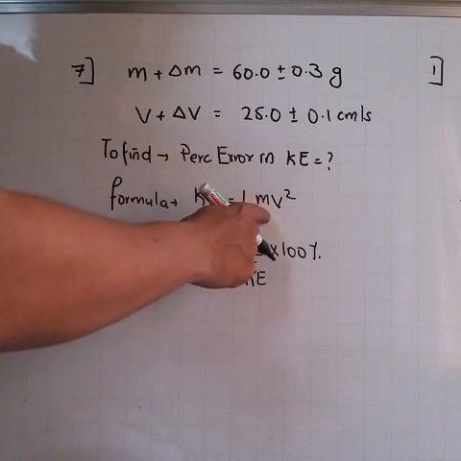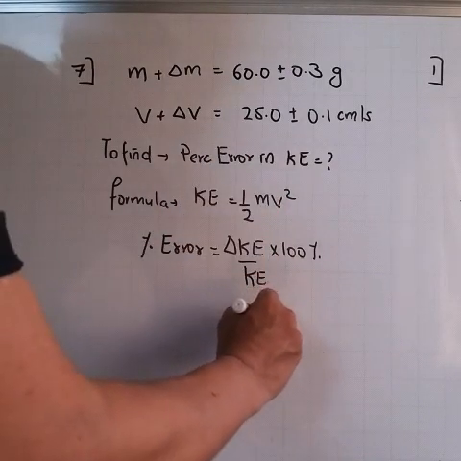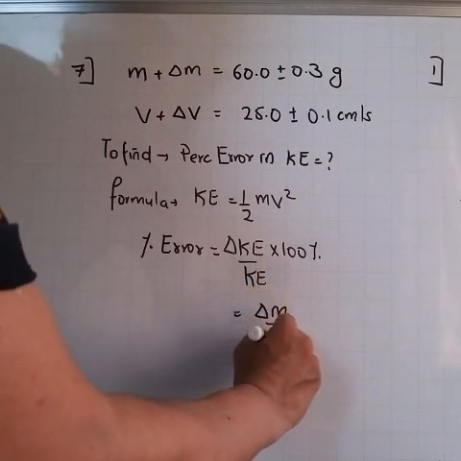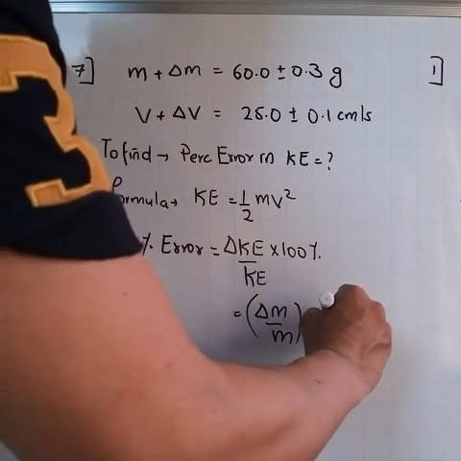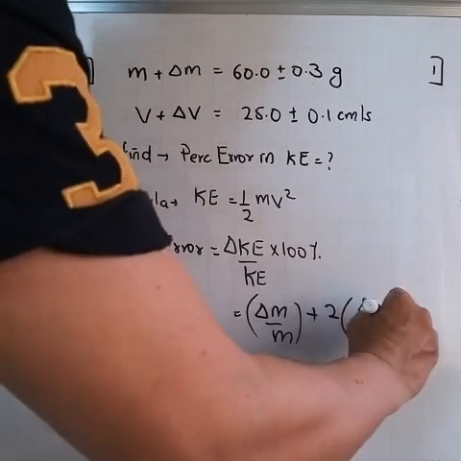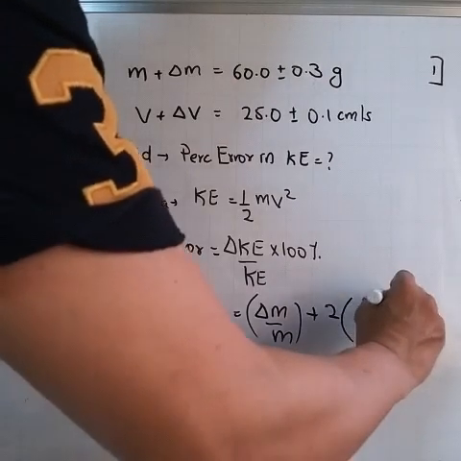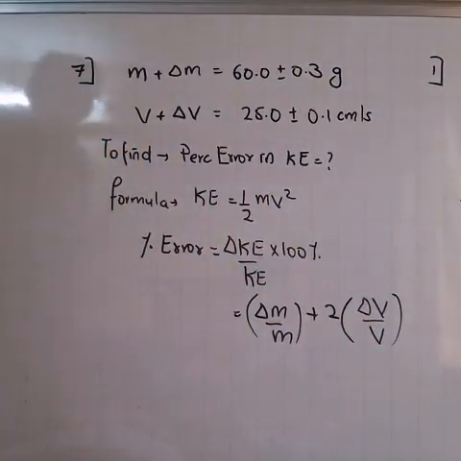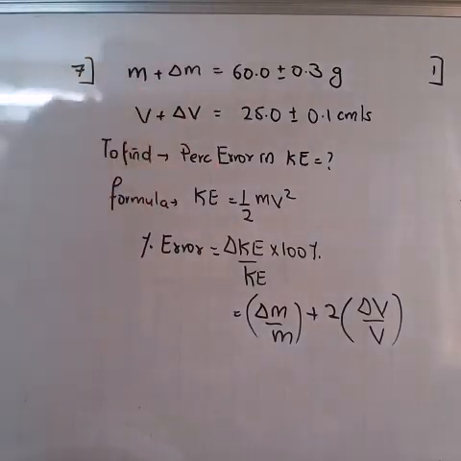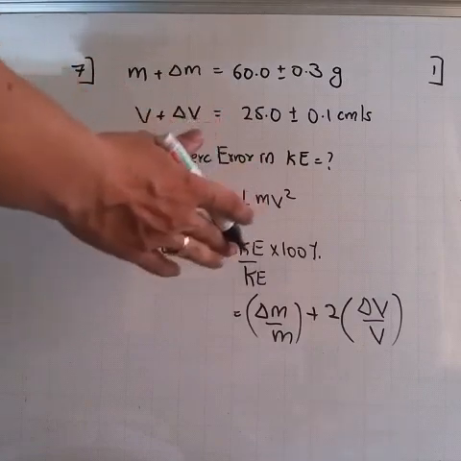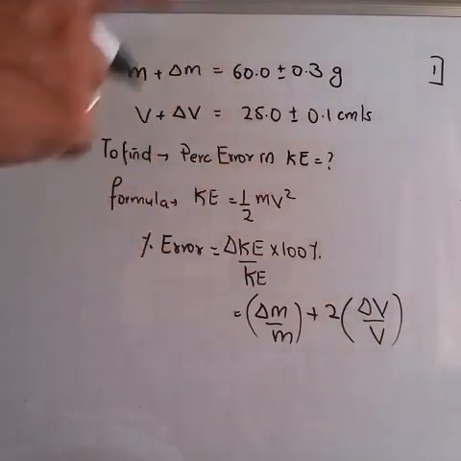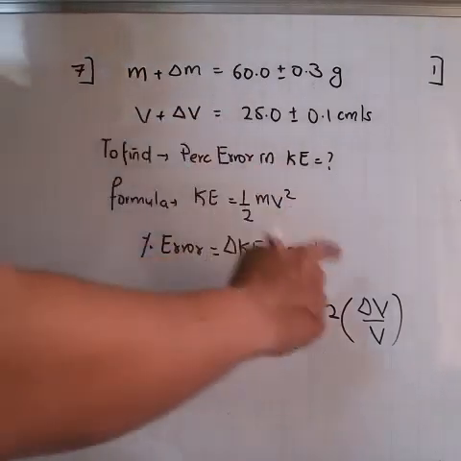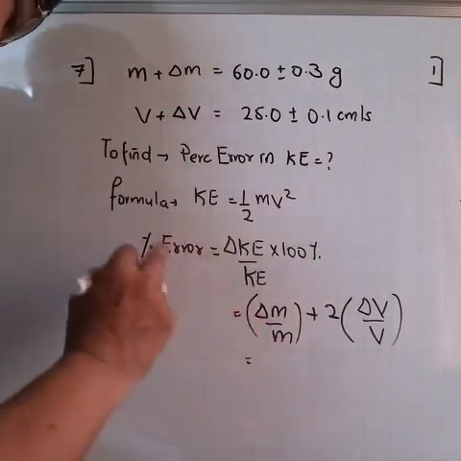Simply the formula will be delta m upon m, okay, plus 2 times delta v upon v, because even in the earlier numerical, second numerical, I have used the same way. I have added this. As I told you, unless you read the theory part, you will not understand this. The theory part is most important.